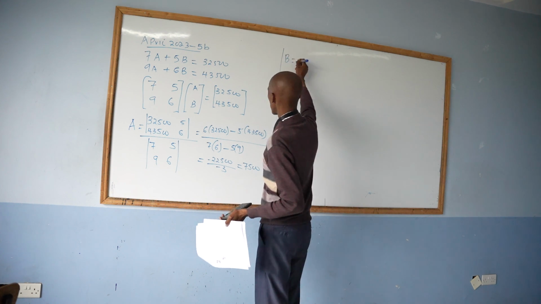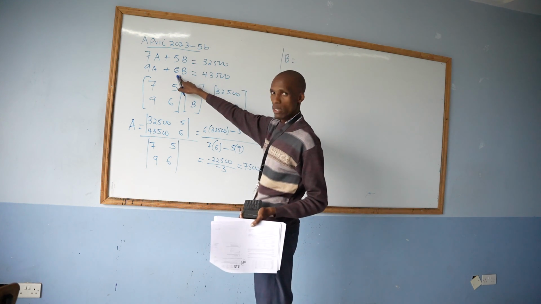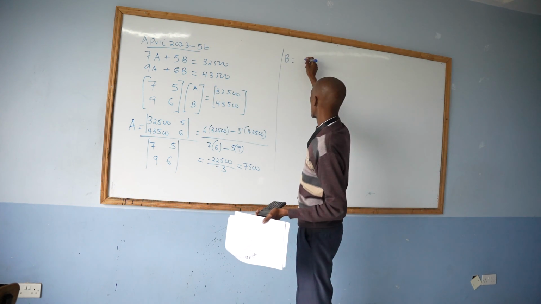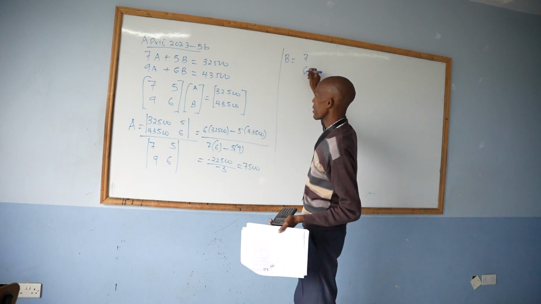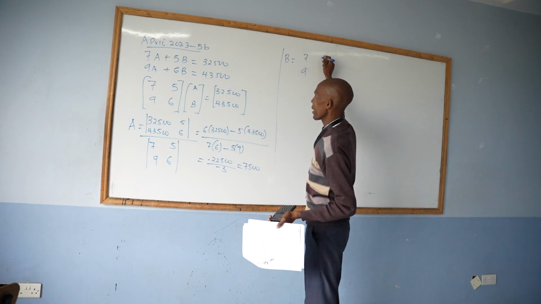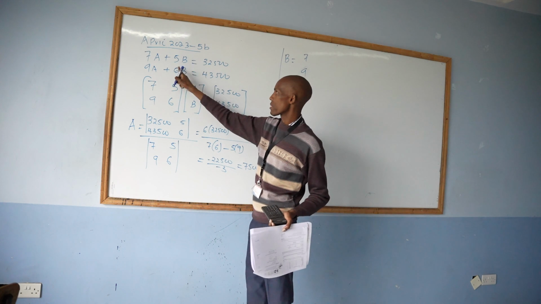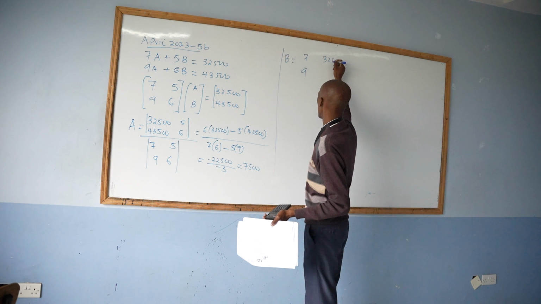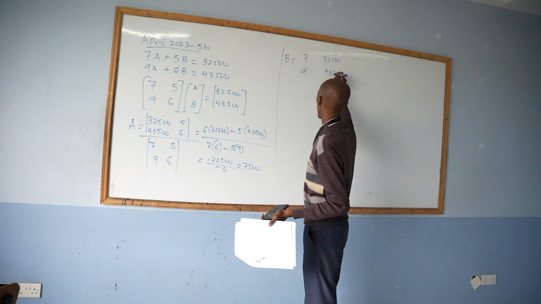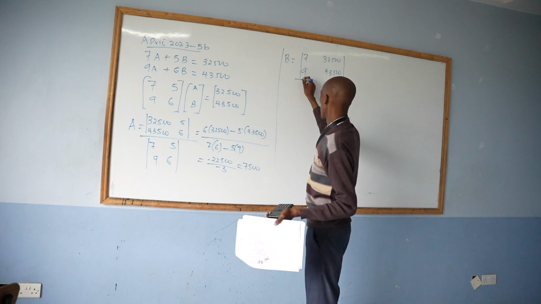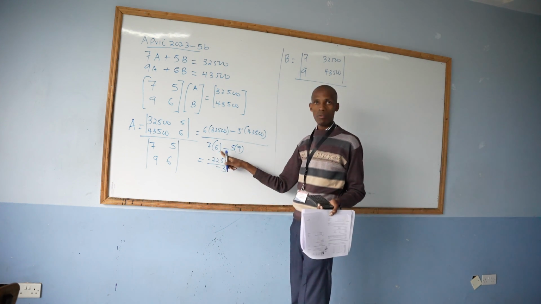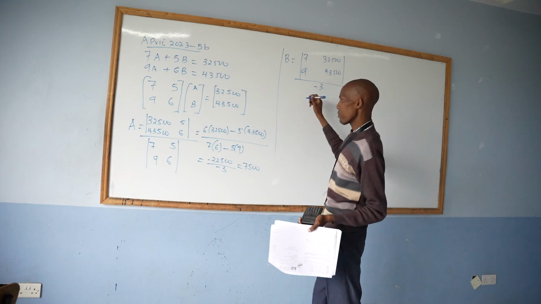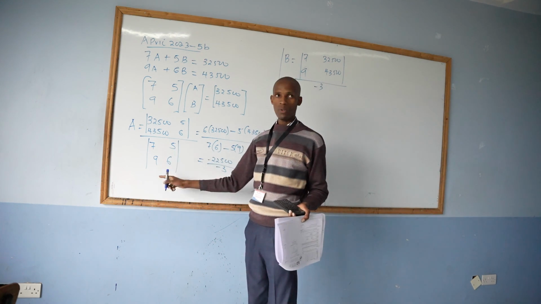For B, remember B is represented by 5 and 6. So now we replace them with the solution, which is 2,500 and 43,500. We have already gotten the determinant of the denominator, which is negative 3, that is 42 minus 45.